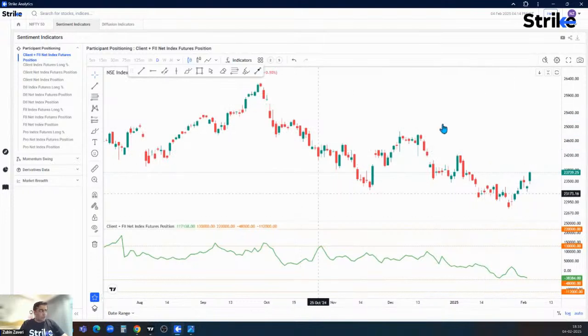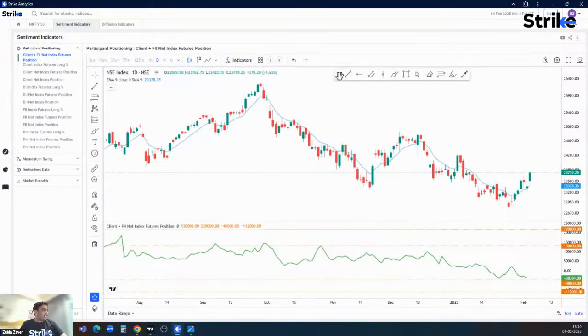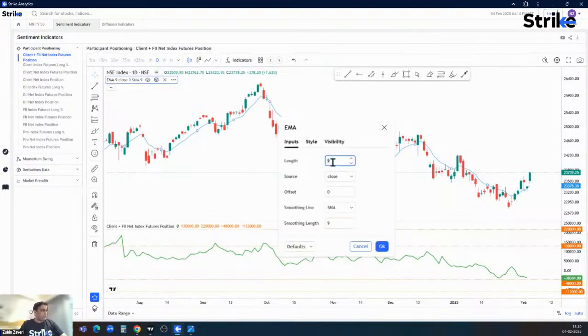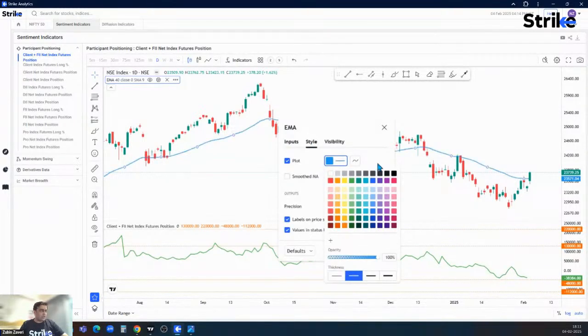And one more thing that we can do over here is, if we are not too sure about drawing trend lines, the best way is to look at the moving averages, the exponential moving average. And generally what we do is we follow a 40 period moving average. All right, I'll draw it in a dark blue color.